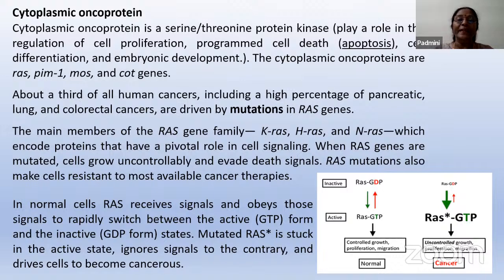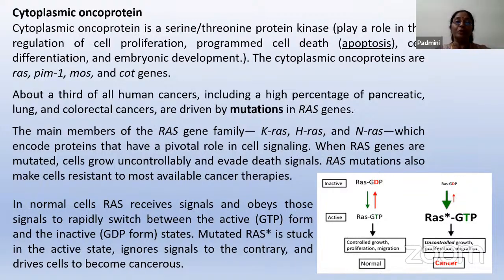Underline that word, serine threonine protein kinase, which plays a role in regulation of cell proliferation, programmed cell death, and cell differentiation, and of course, embryonic development. So this protein is very important for programmed cell death, that is apoptosis, proliferation, and embryonic development.